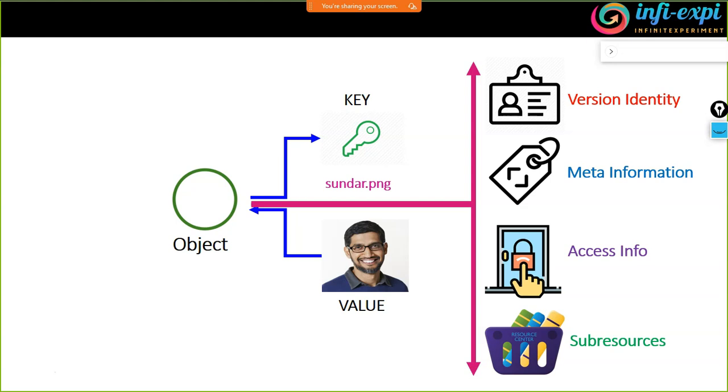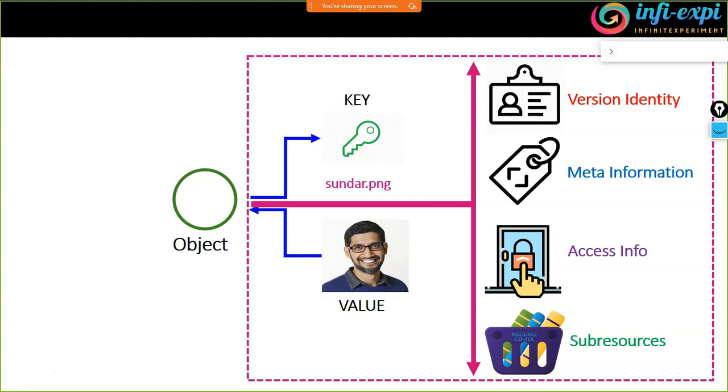Rather, S3 is seen as a flat structure, where you store all your objects. Even though you create a folder, it will not appear as a hierarchical file system, rather it will be a straight flat structure. Probably we will view that in later sessions, explaining how this flat structure looks.